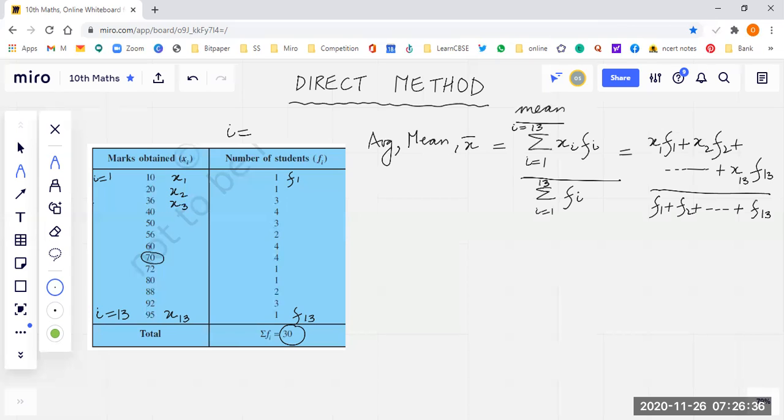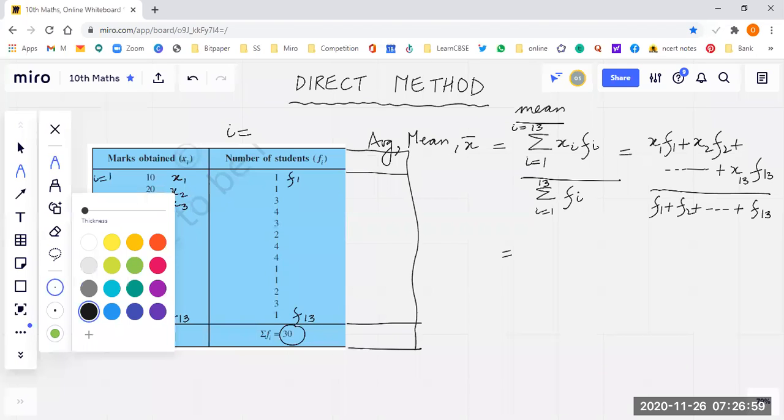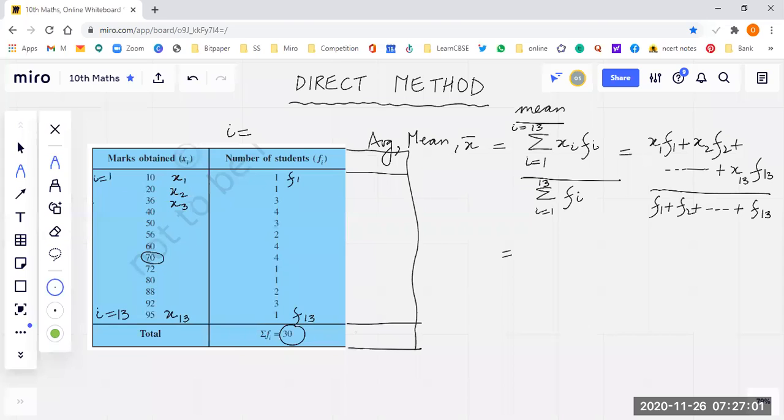All right, students. Now, since we want to find xi fi, it is important for us to make another column here, right? So this column would be the column of xi fi.